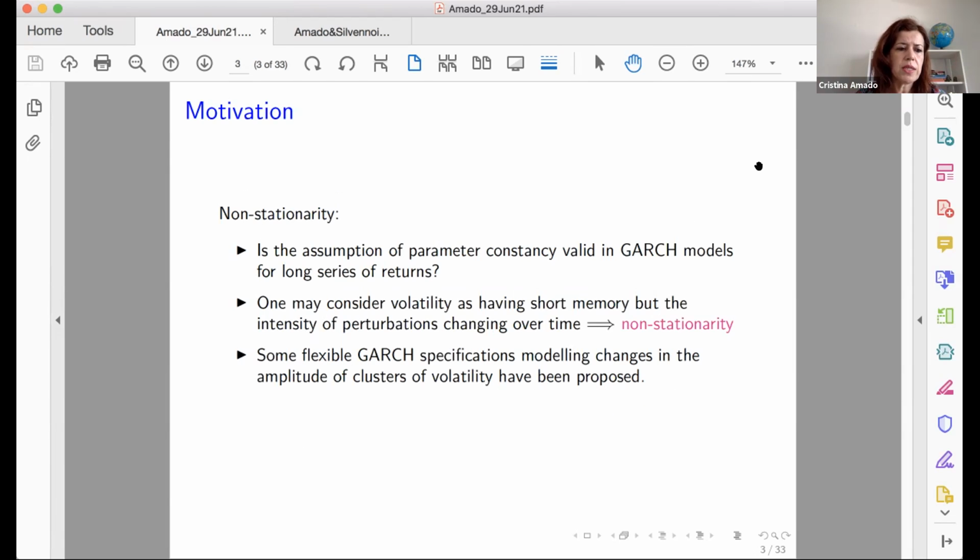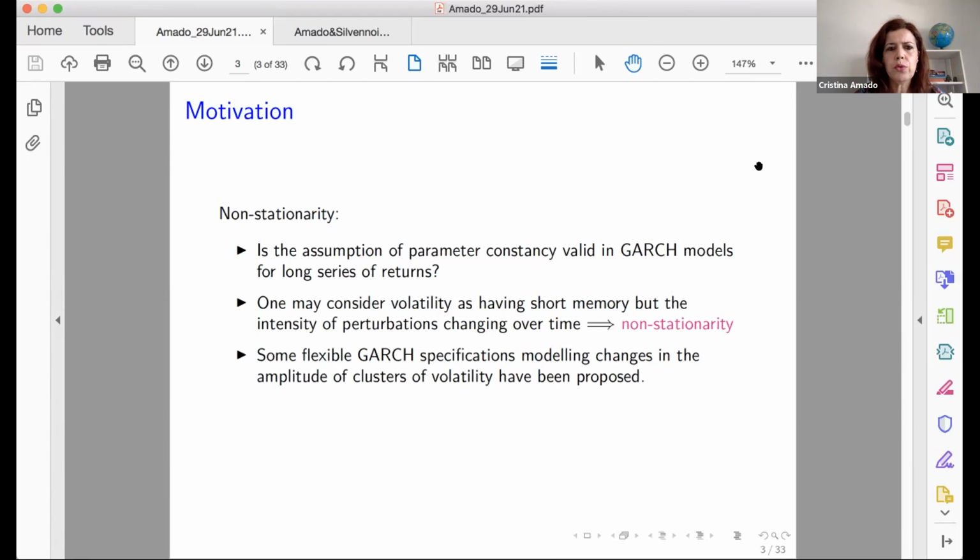The conclusion, given the work that I've been doing and also in the literature, is that it's a very restrictive assumption. So what I propose is that we consider volatility as having short memory, but with the intensity of perturbations changing over time. So we allow for non-stationarity in the model.